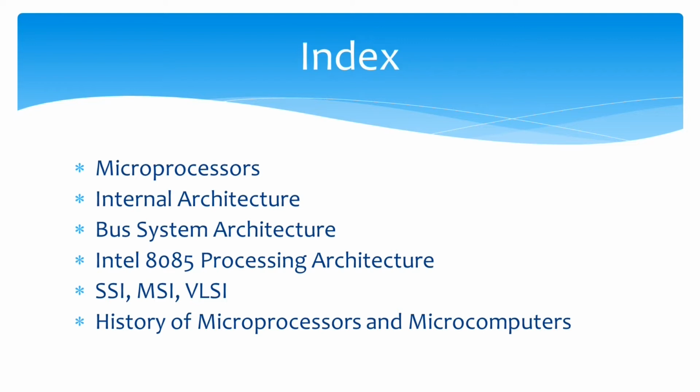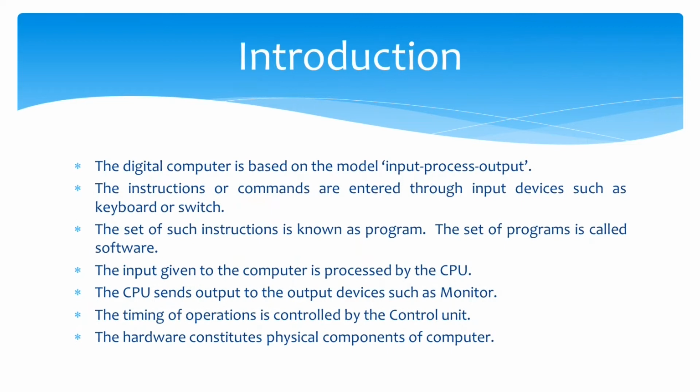We will discuss in particular the architecture of 8085 Intel microprocessor, and in the last we will discuss SSI, MSI and VLSI, that is small scale integration, medium scale integration and very large scale integration. We will also look at the history of microprocessor and microcomputer. So, let us start.